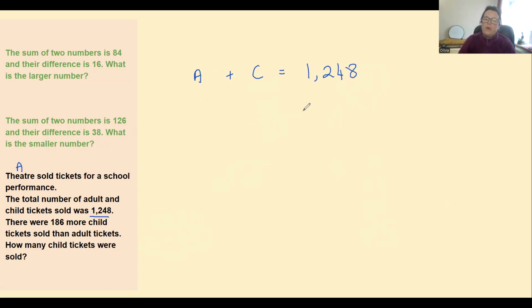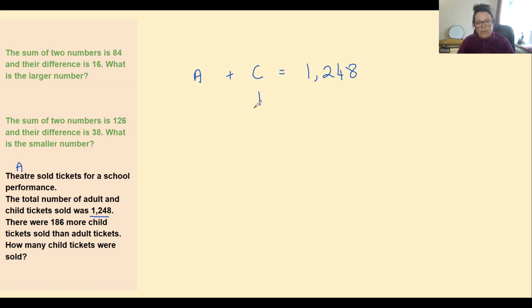Now pause the video, have a go at this by yourself, and then come back when you have your answer and see, do we get the same answer? The next part.